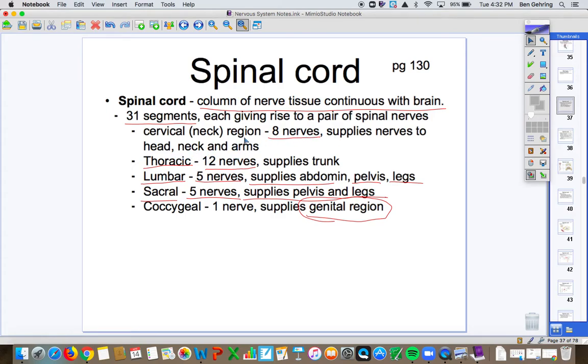So your neck is superior to your arms. Your thoracic region supplies your trunk, so your rib cage is higher than your stomach. Lumbar is the abdomen, and then it goes clear down to your pelvis and legs. So you can get back damage in your lumbar vertebrae, and you can have paralysis in your pelvis or your legs because they are controlled from a point superior to that.